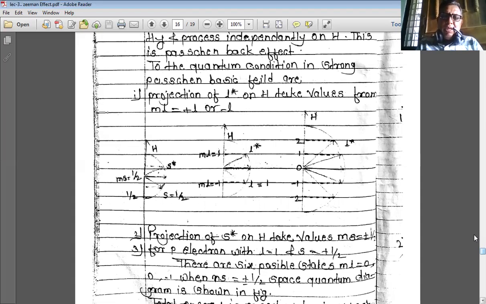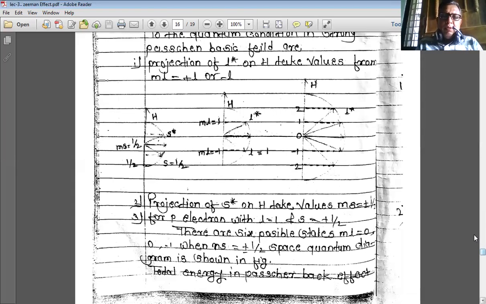Third, for an electron with L equal to 1 and S equal to plus or minus half, there are 6 possible states. ML is equal to 1, 0, minus 1 like this, when MS is equal to plus or minus half.